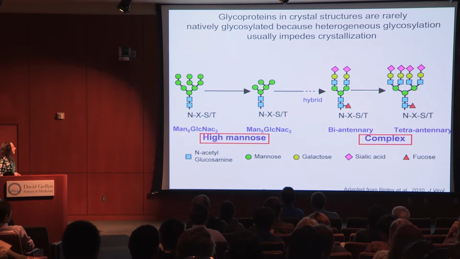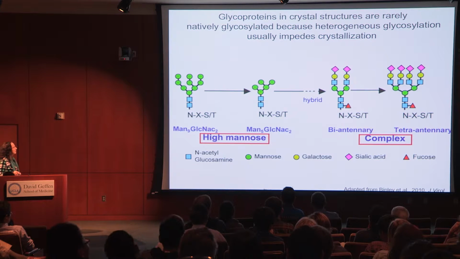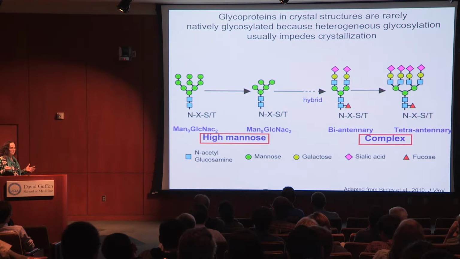There's a lot more high mannose than usual on the HIV envelope, and it's thought that it's because the potential N-linked glycosylation sites are so close together that the machinery in the ER and the Golgi doesn't have access to them, so it leaves them at some stage here.